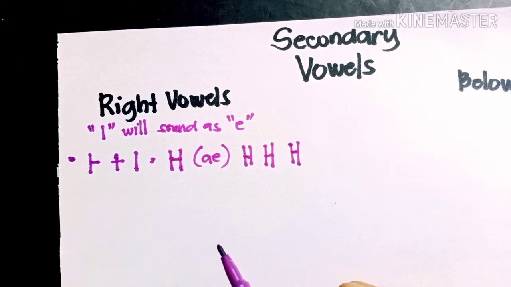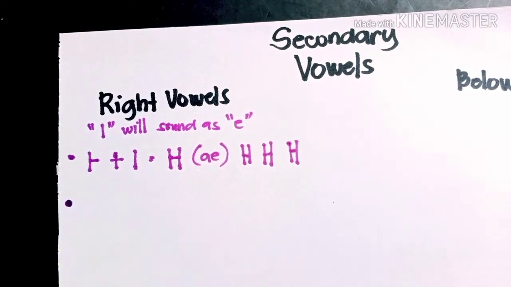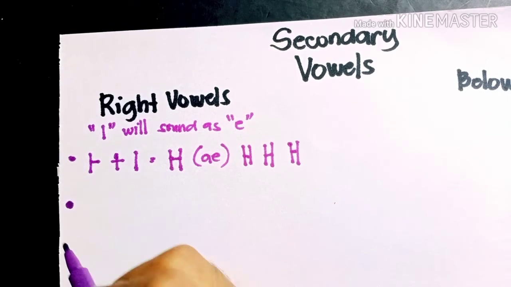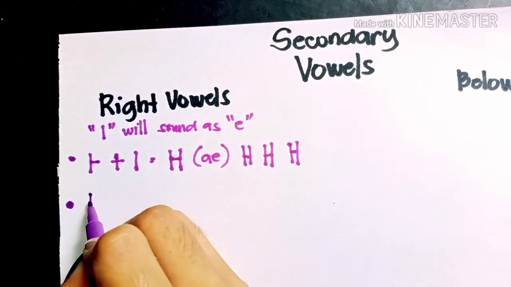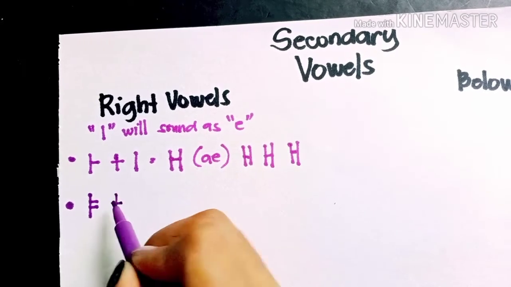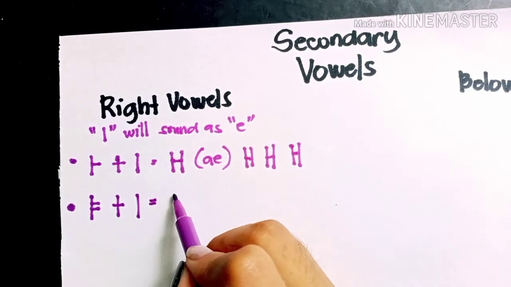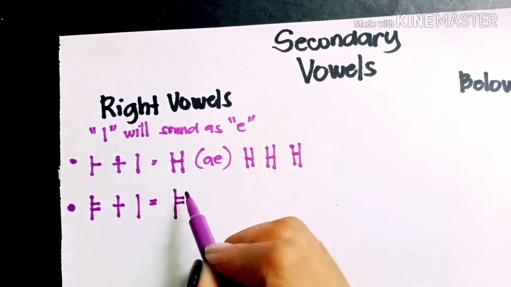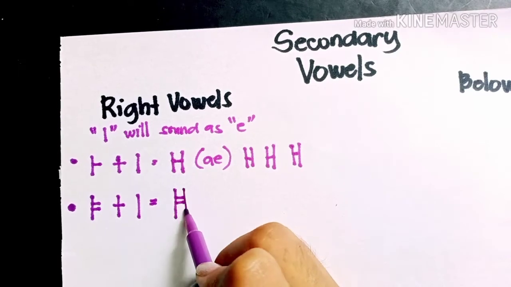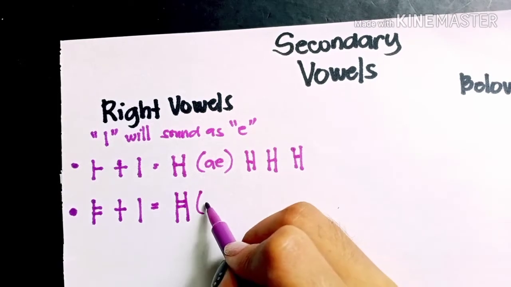So, next vowel, it is a combination of the vowel Ya plus vowel E. It will become Ya plus E, Ye.